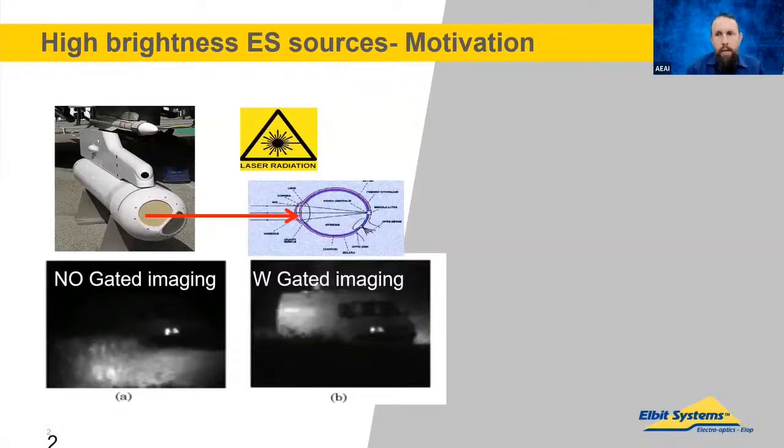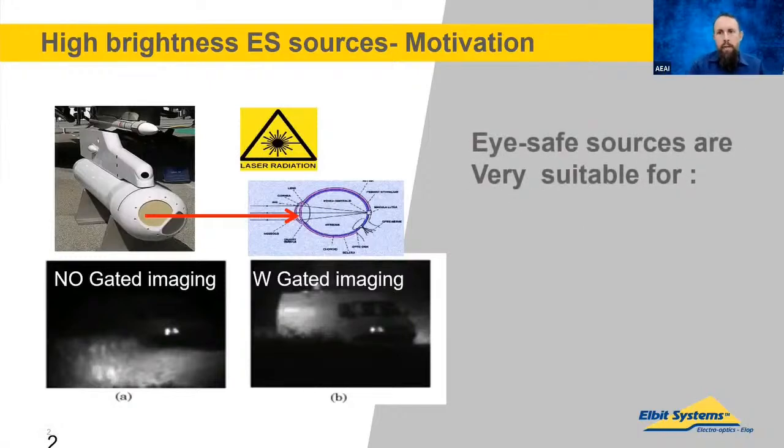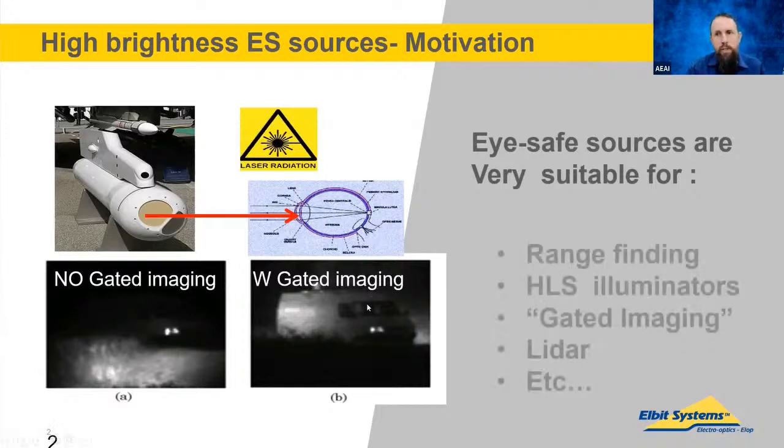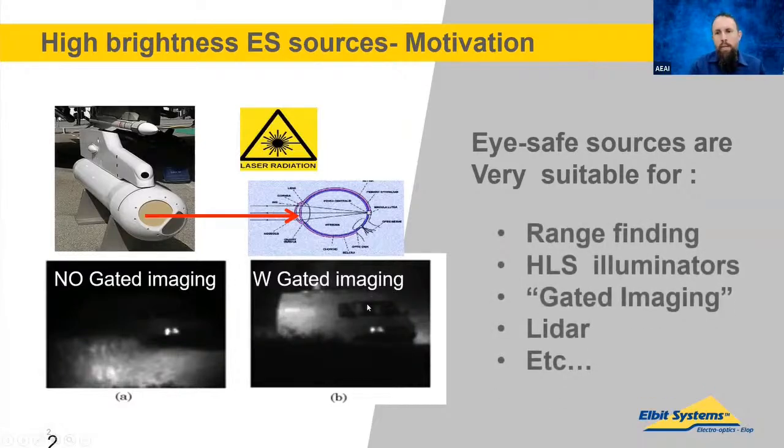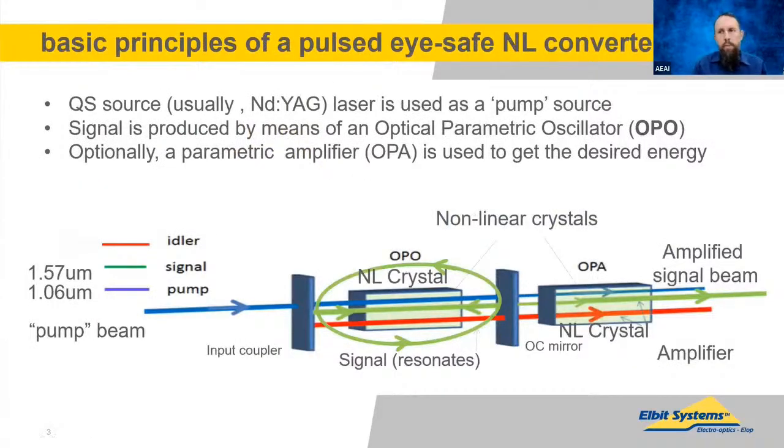Eye-safe sources are very suitable for applications such as range finding, homeland security illuminators, and also gated imaging and LiDAR. I guess some of you know these applications and the basic technological principles of how these are done.